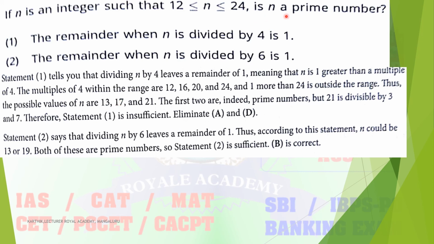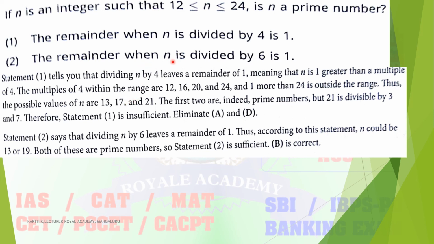So the first statement alone is not sufficient to answer the question. Why? Because one number is not a prime number. Is n a prime number? Yes or no? Here two integers are prime and one integer is not prime, so you get different answers. So the first statement alone is not sufficient to answer the question.